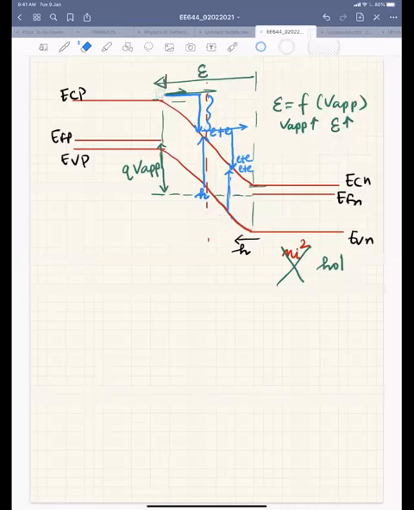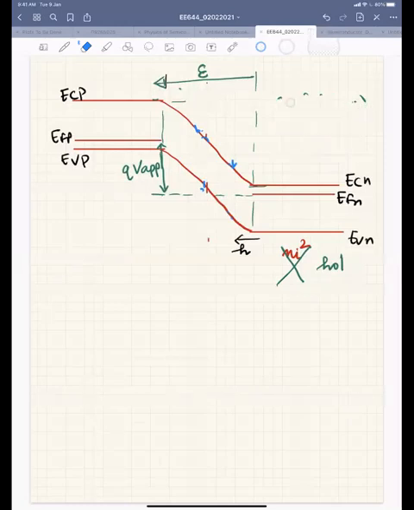What will increase? See, if electrons have more energy, then they'll create more impact ionization. That means the breakdown voltage will be less, right? Sir, there would be more impact ionization, no? Yeah, if there is more impact ionization, then the breakdown voltage will be less, right? Yes, sir.